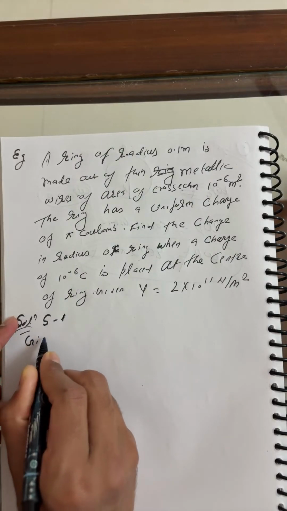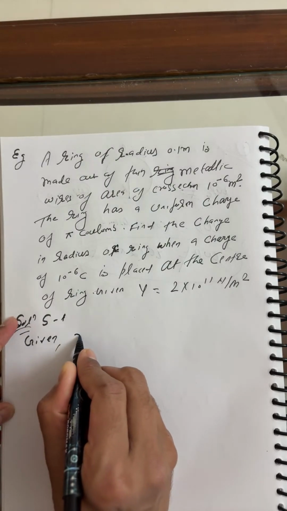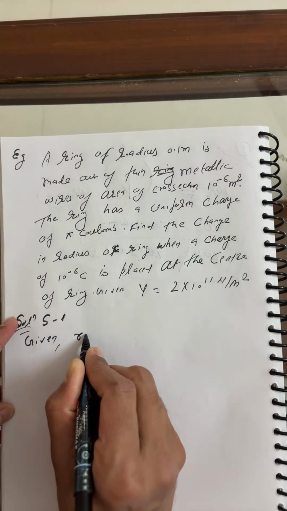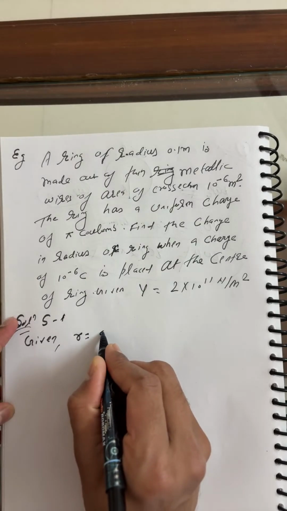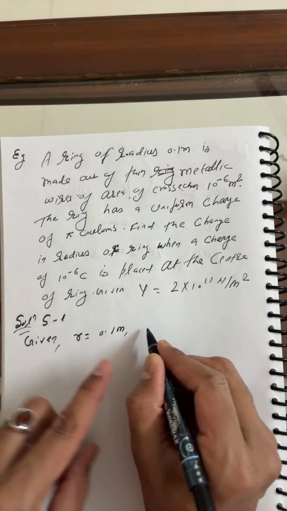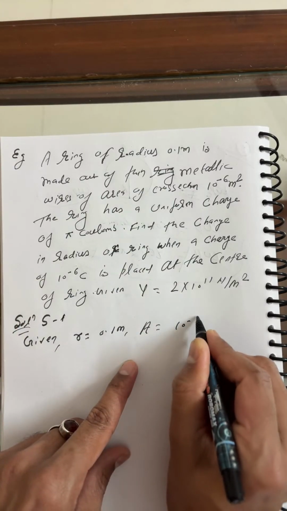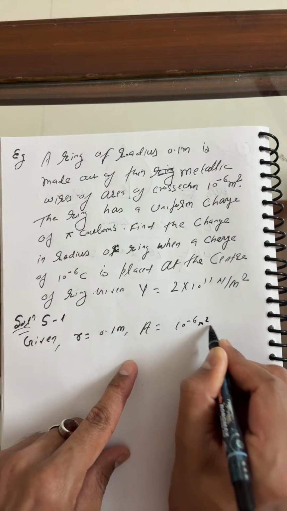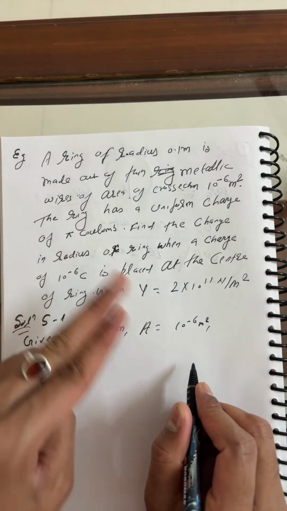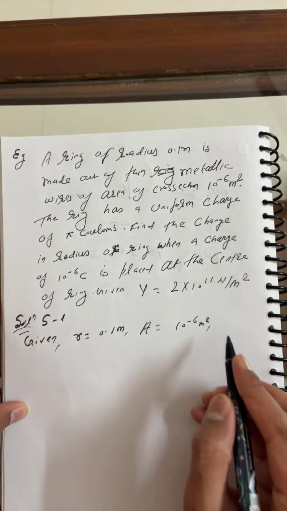What is the given data? You can see the radius of ring is 0.1 meter. Also mention your area of cross section, that is 10 to the power minus 6 meter square. The ring has a uniform charge of pi coulomb, on periphery.